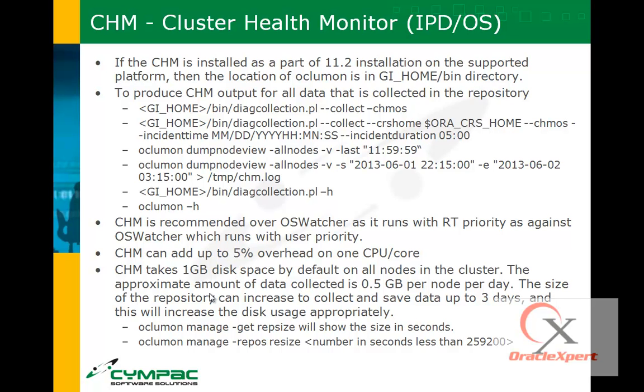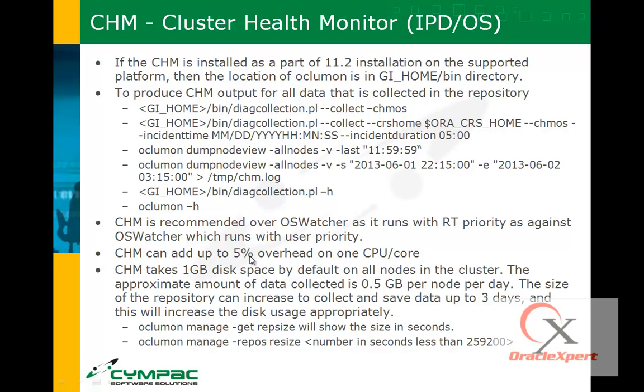So even if there is a CPU crunch, your statistics would still be collected. CHM is recommended over OS Watcher as it runs with RT priority, real time, as against OS Watcher which runs with the user priority. So for that exact split second moment, if you wanted to obtain statistics, then a better alternative to OS Watcher is CHM.